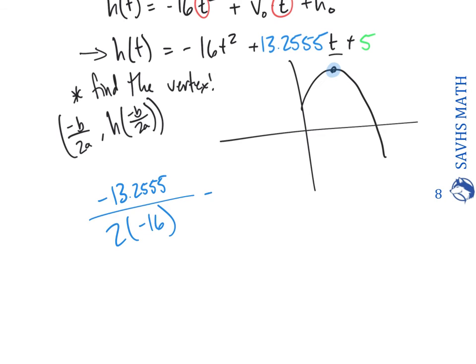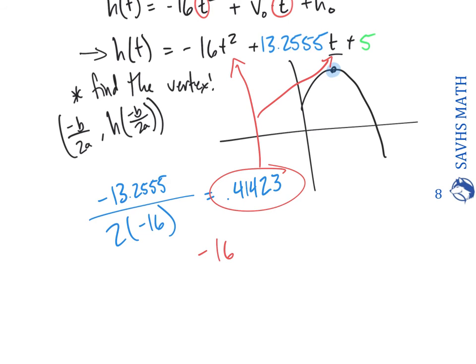And I get 0.41423. I'm going to try to use a lot of decimal places here because the more decimal places I use, the more precise my answer is going to be. And then I'm going to take this and put it back in for t here and here and simplify.